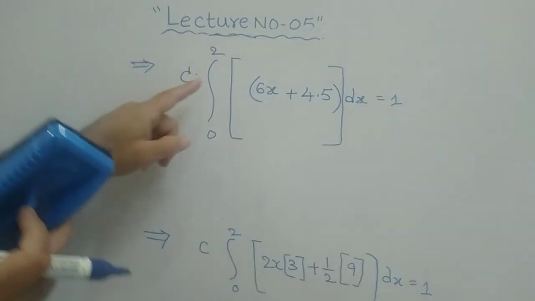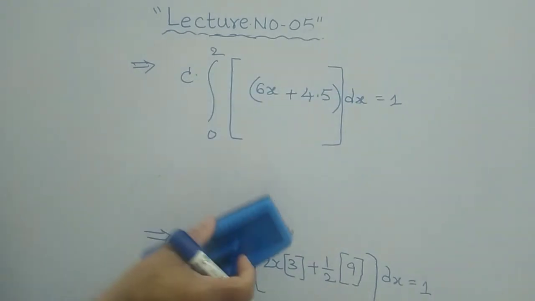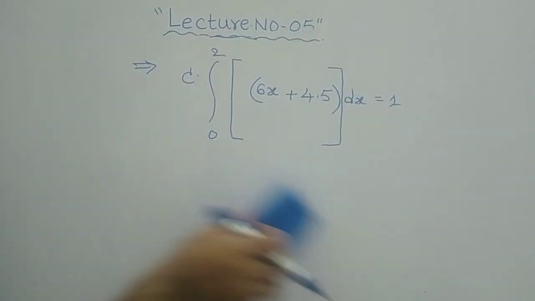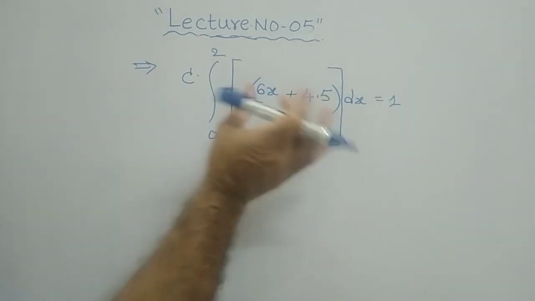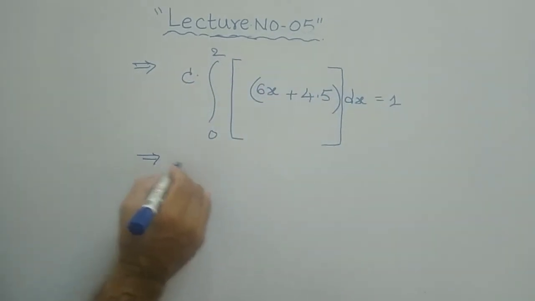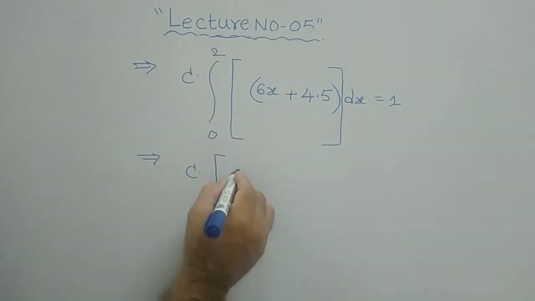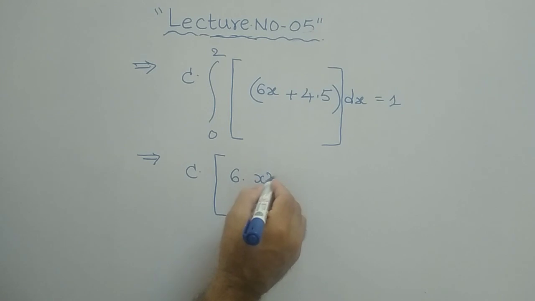Now again you apply your integration, integrate this function with respect to x now. We have simplified so far with respect to y, and we got this. Now you integrate this particular function with respect to x, then you will get c. So 6 is a constant here. Integral of x into dx is x square by 2.